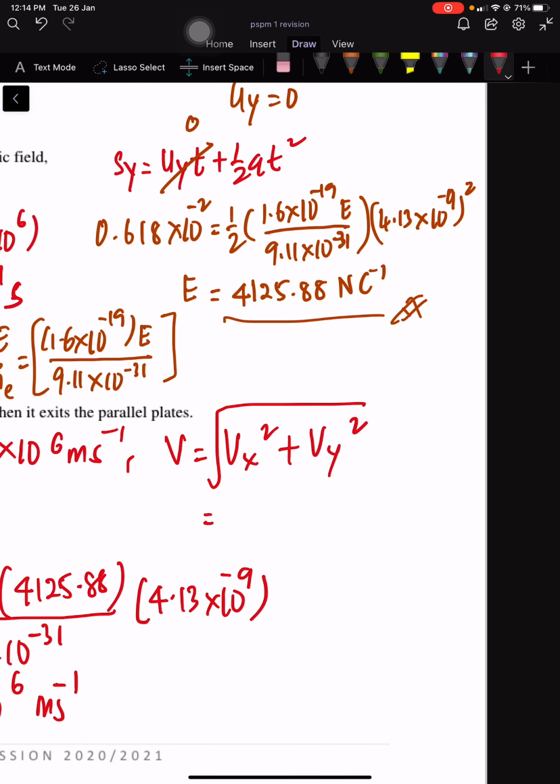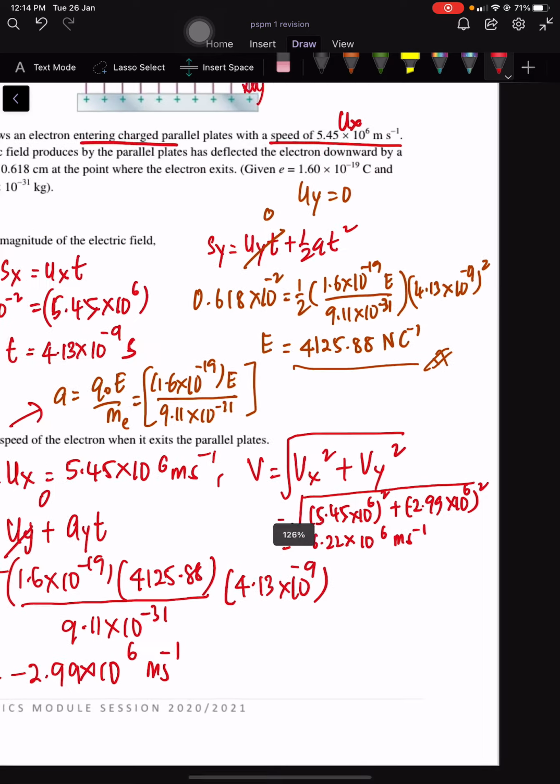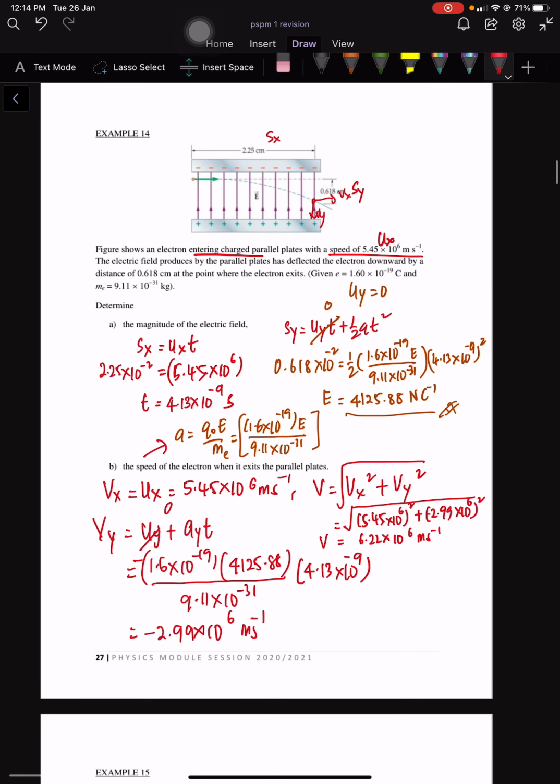Vx, you masukkan nilai Vx 5.45 kali 10 kuasa 6 kuasa 2 plus dengan negative 2.99 times 10 to the power of 6 power of 2 then square root. So you will get the value of V is 6.22 times 10 to the power of 6 m s negative 1. So this is value for speed. Speed means that skala only consists magnitude sahaja.